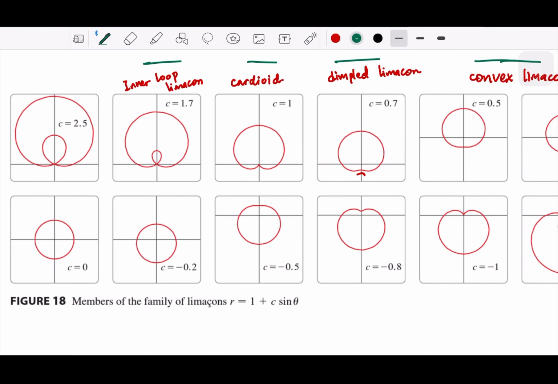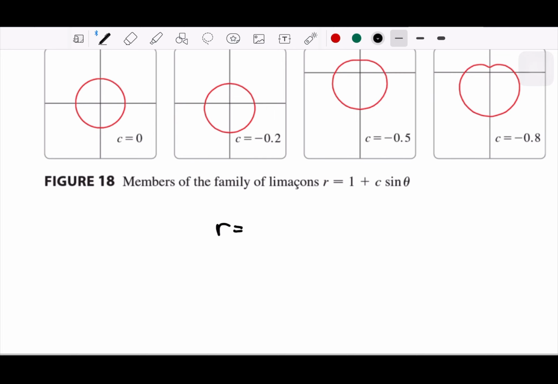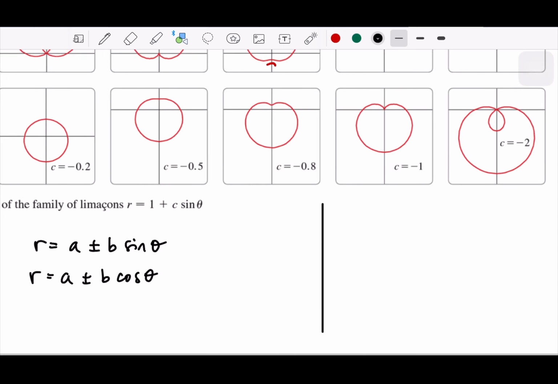If you're maybe not really good at looking at this number, we can write it in terms of a plus or minus b sine theta, or the cos one. And for cos and sine, the difference is like in the circle. If you have a positive cos, you will have this, and if you have a negative, this will be the negative cos.